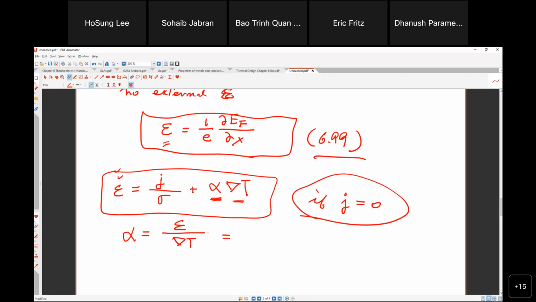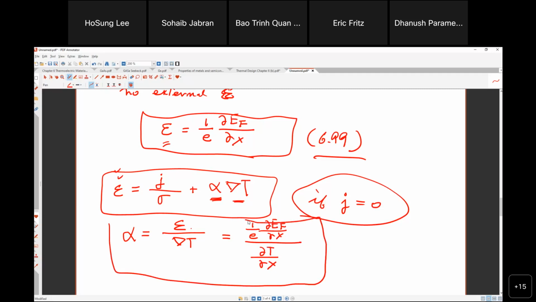So what is the electric field? It turns out internally to be 1 over the Fermi energy gradient over dT, if it is a one dimensional gradient. Wow. This is Seebeck.